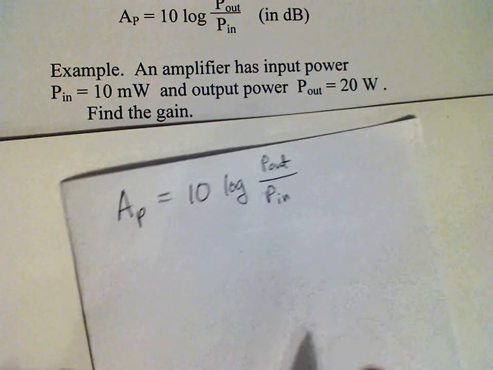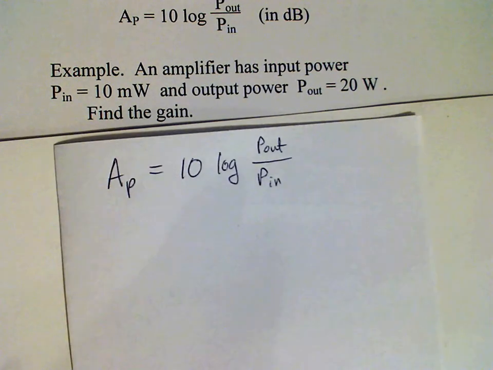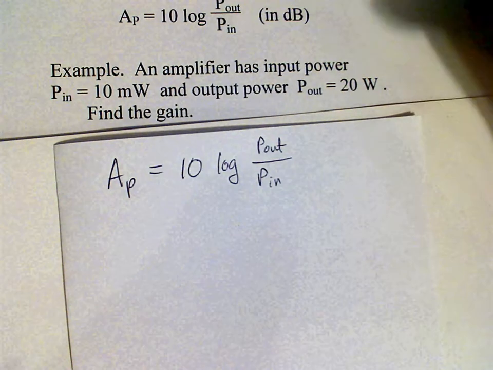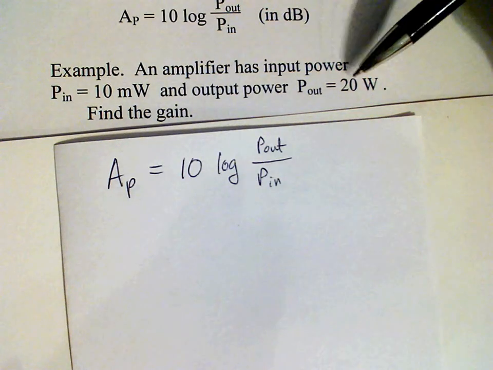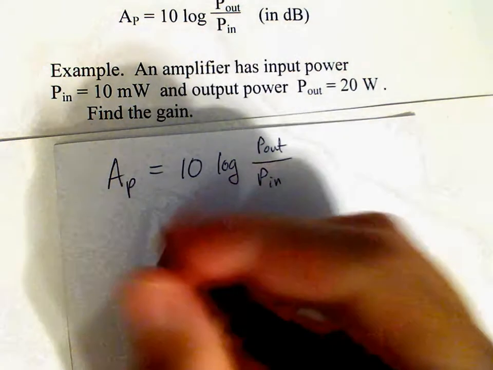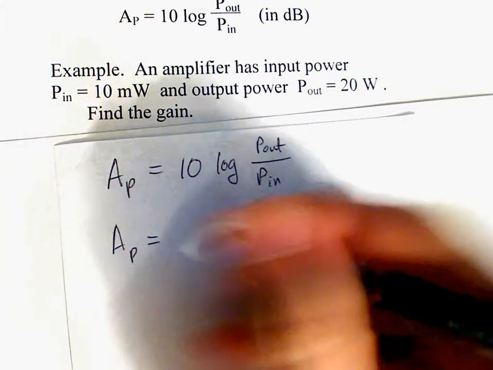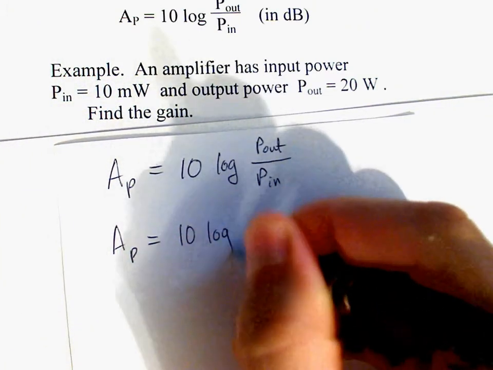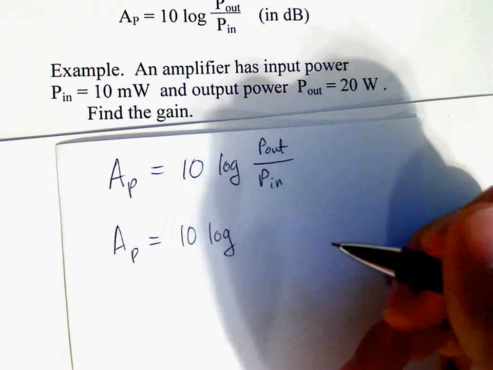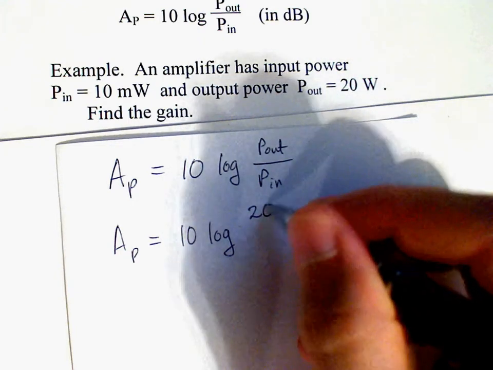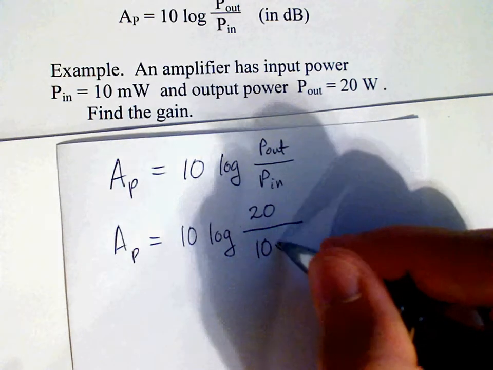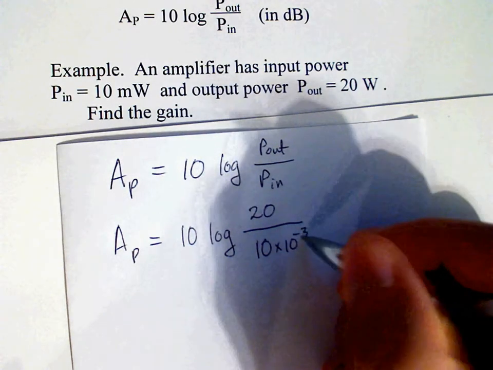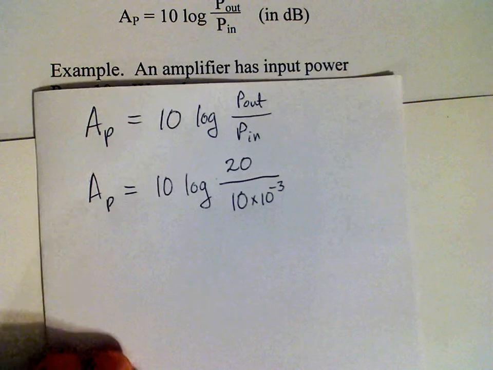All we have to do is plug in, but there is just one little thing we have to watch out for, and that is because the units of the input power and the output power are not the same. Okay, so in this case we have A_P is equal to 10 times the log of 20 divided by 10 times 10 to the negative 3.